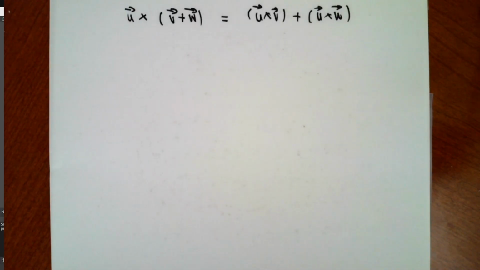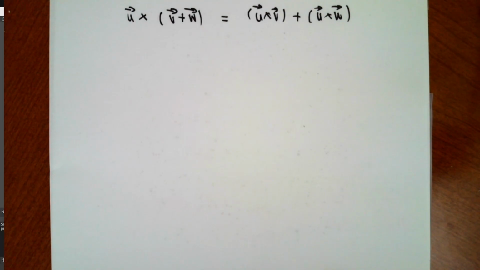In ordinary algebra, if you take a number a and multiply it by the sum of b with c, what you get is a times b plus a times c. We know how to add vectors together, so naturally it's a question that you think of. Is there going to be a distributive law like the one that we've had before?